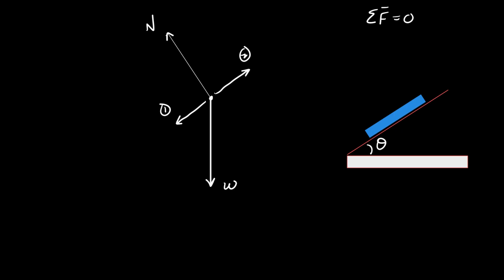Those wouldn't be balanced. So we're going to choose a situation that tries to bring the system into balance. And friction is trying to prevent it from sliding down the ramp. So yeah, I think our frictional force is going to be this way. That's perpendicular to the normal force, parallel to the surface, and because it's not moving, this is static friction.